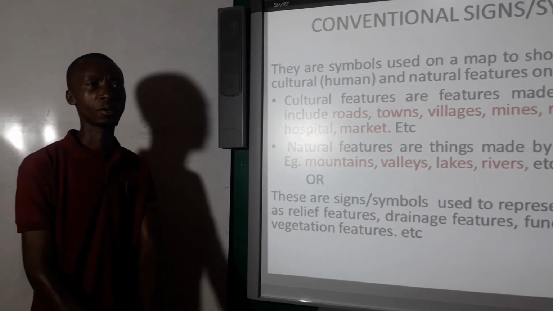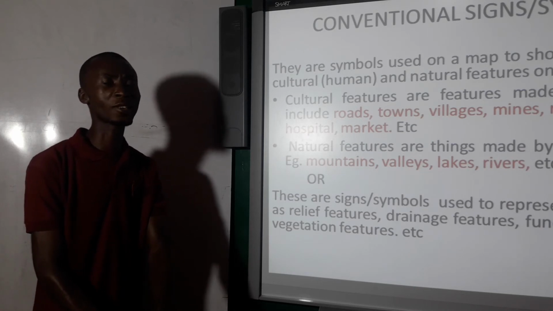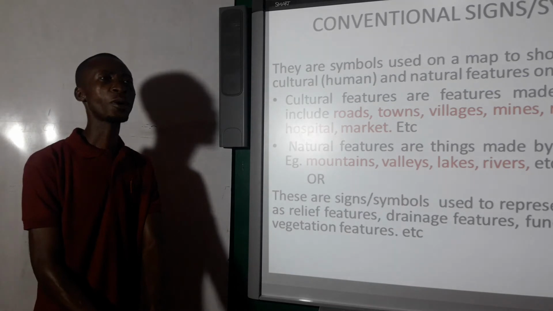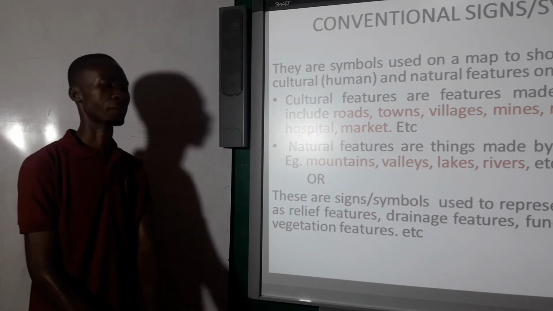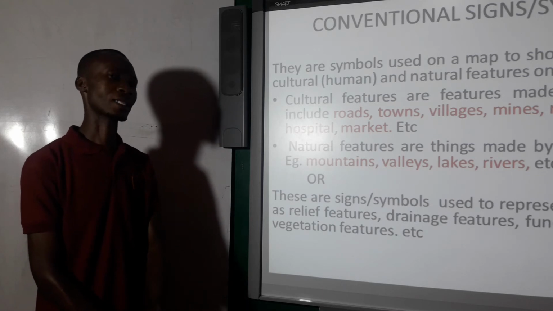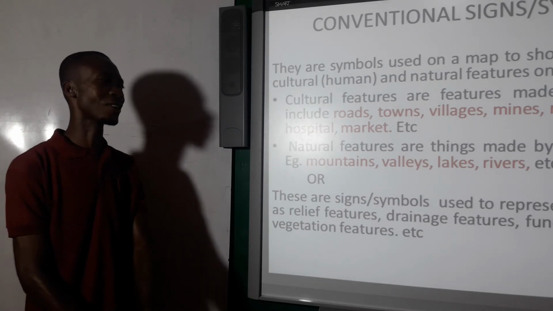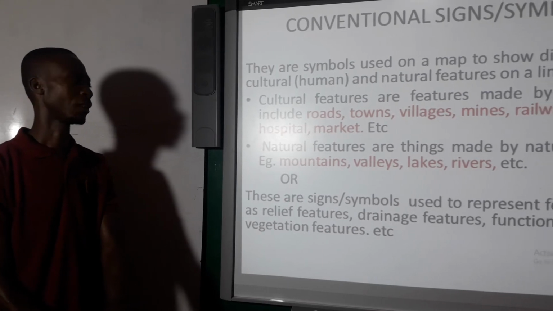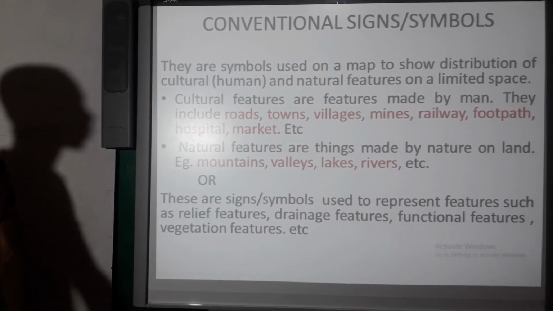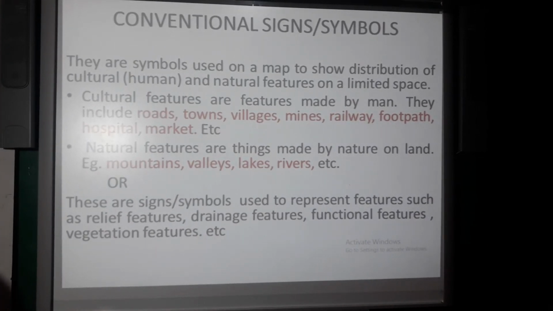And if you want to represent them on the map, you need to use conventional signs or symbols to represent these features. In other words, conventional signs or symbols are used to represent features such as relief features, drainage features, functional features, vegetational features, and so on.